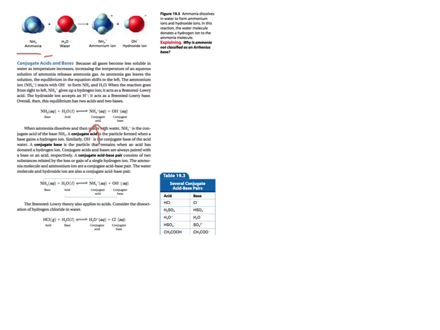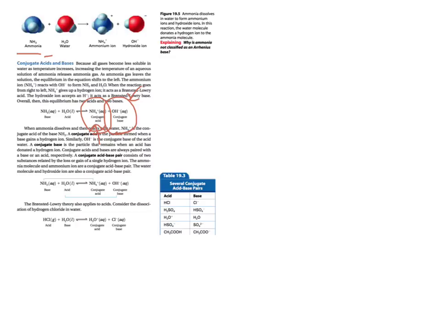Remember, an acid is a proton donor. Well, that ammonium ion is going to have a net positive charge. So on the right side of that equation, that becomes a conjugate acid. On the right side of the equation, that hydroxide, we always know the hydroxide is a base. An aqueous hydroxide is going to be considered a base. So that becomes my conjugate base.